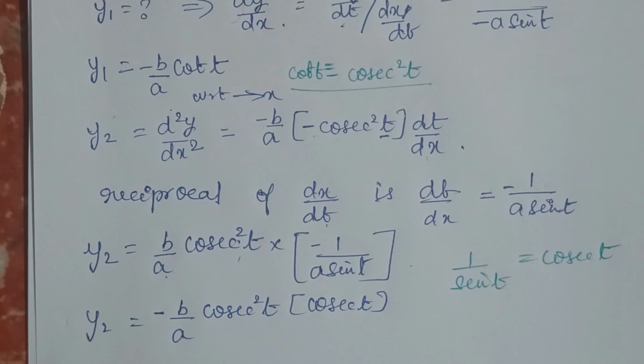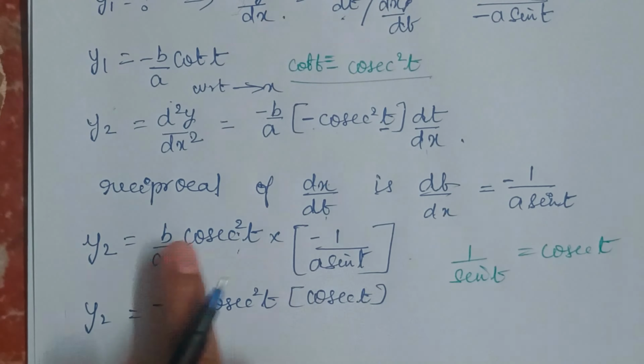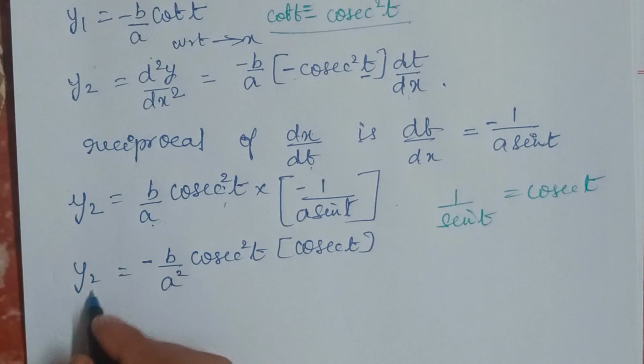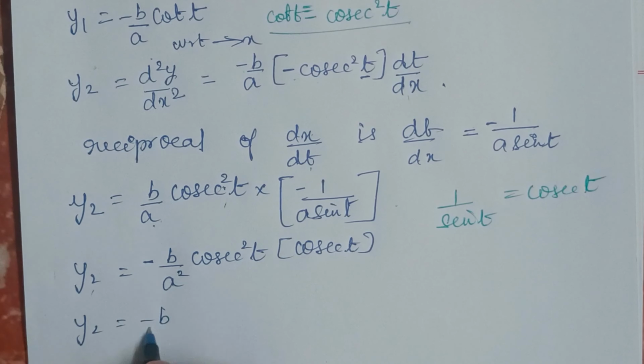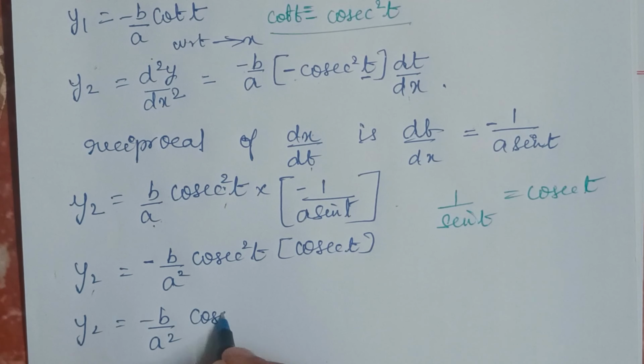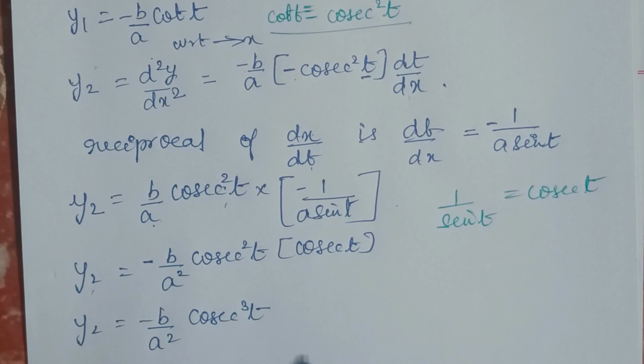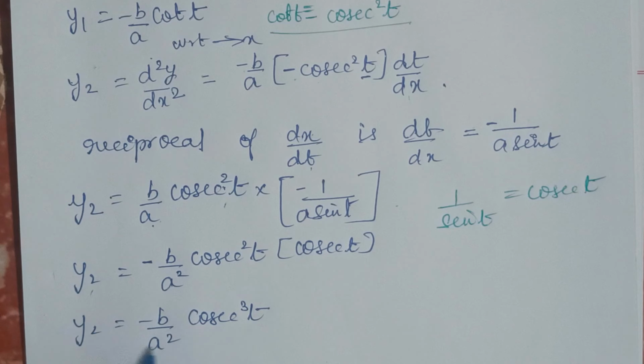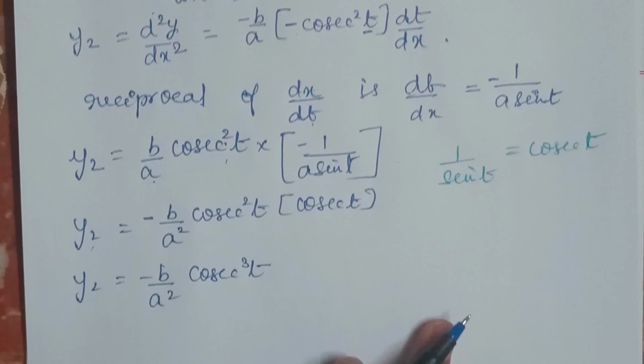So as I have a here, I'll just take it a square here. I'll multiply a into a, it will become a square. So it becomes y2 is equals to minus b by a square cosecant cube t. Done. So y2 we got the differentiation.